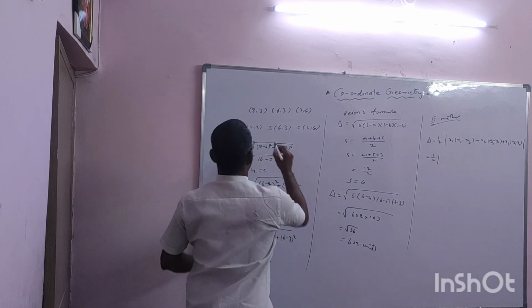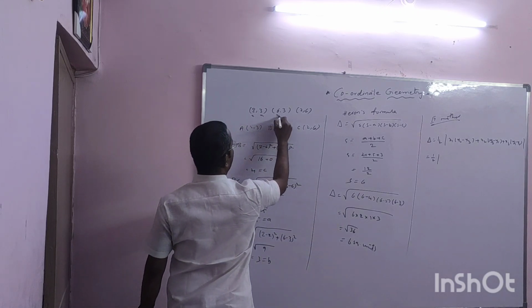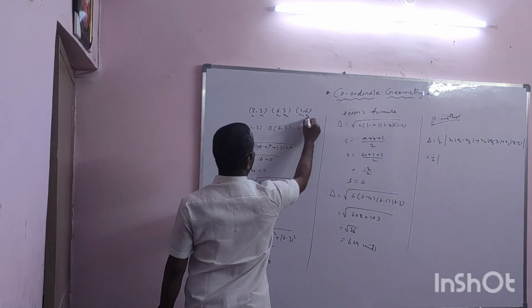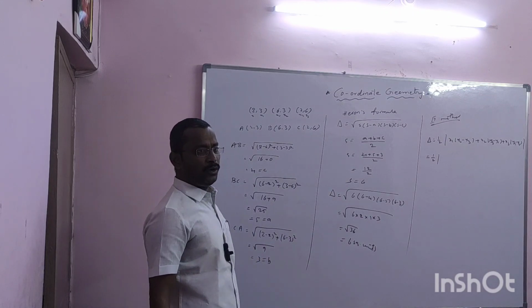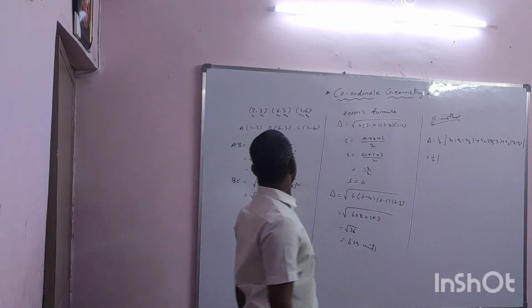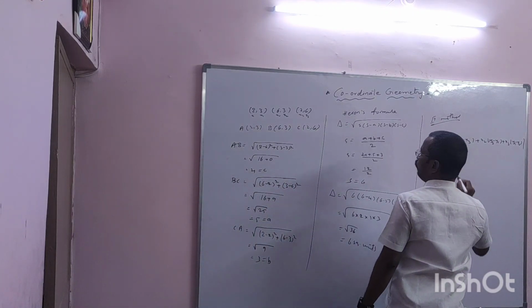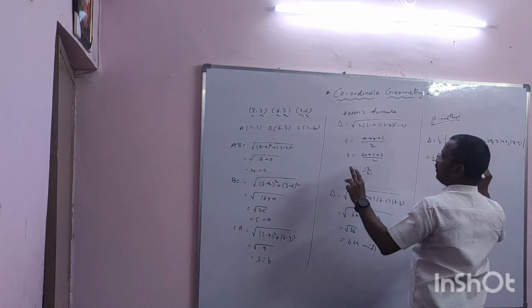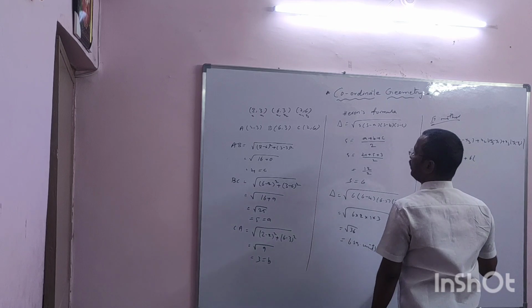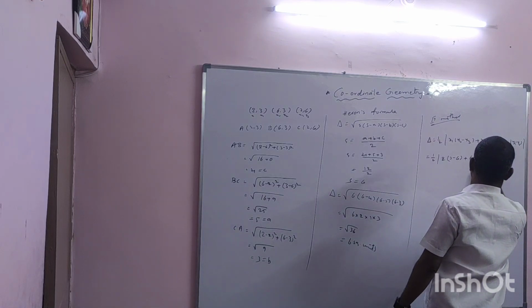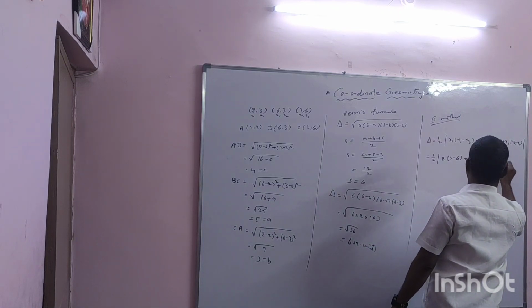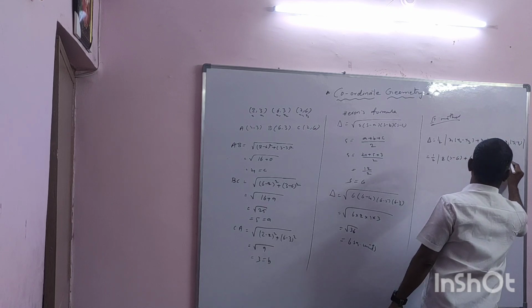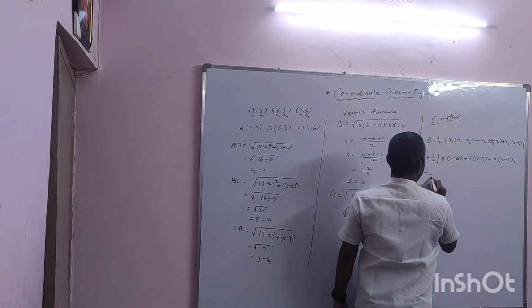X1 of, so see, this is your x1, y1, x2, y2, x3, y3. This is not necessary to write, but as per your comfort, you can write. X1 of means what? 2. Y2 minus y3, in the sense 3 minus 6, plus x2 of 6, of y3 minus y1, so 6 minus 3, x3 in the sense 2, 3 minus 3.